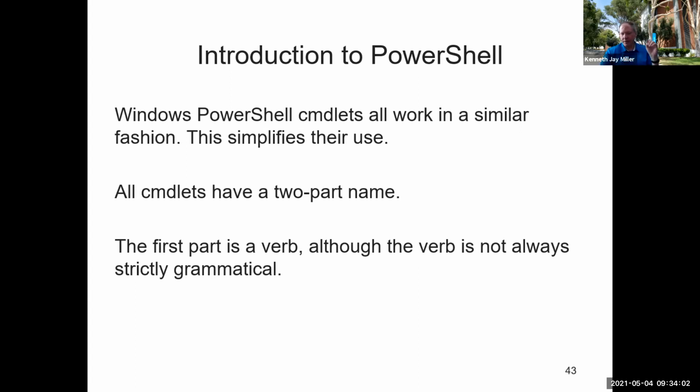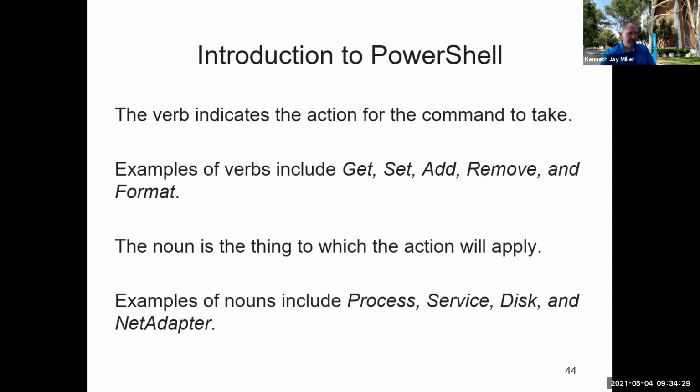The first part is the verb. We know from our English courses that a verb is an action word. It does something. Although in PowerShell, it may not be strictly defined that way from grammar. The second part is the noun.